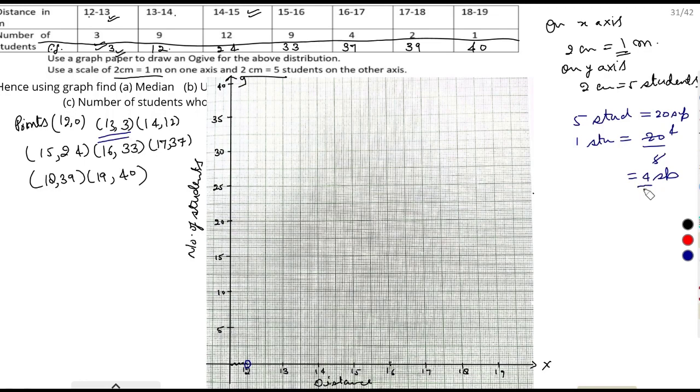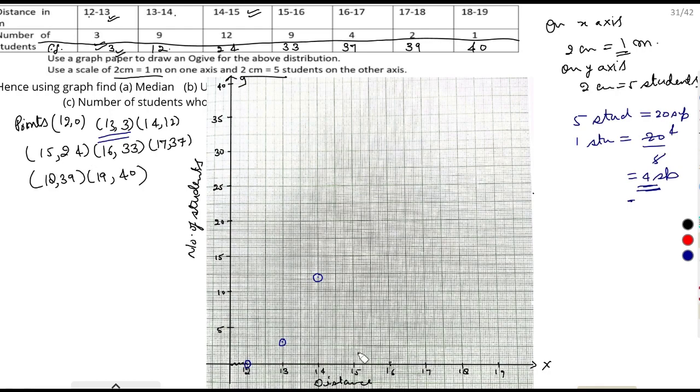For 3 we have to count 12 small parts. 12 parts, 10 and 12. This is 13 comma 3. Next 14 comma 12. This is 10, and after 10 we have to count for 2 students, that will be 8 small parts. This point will be 14 comma 12.